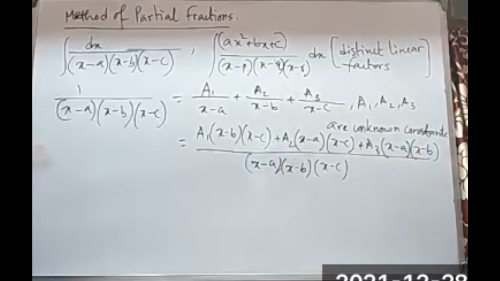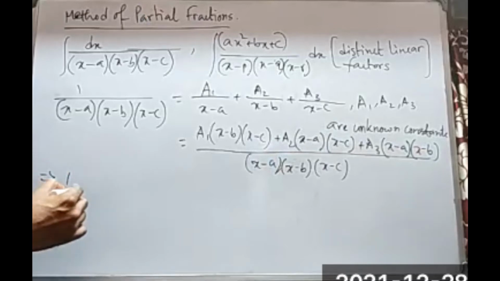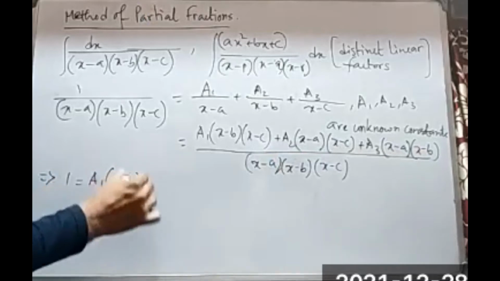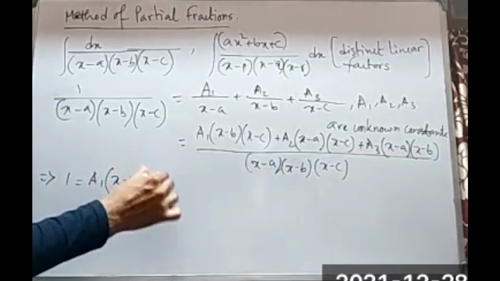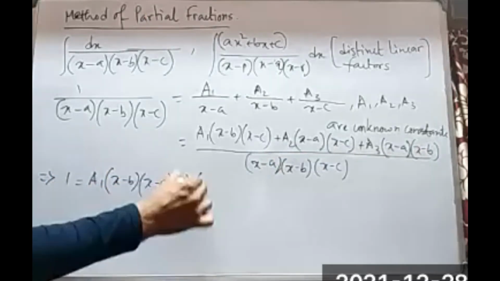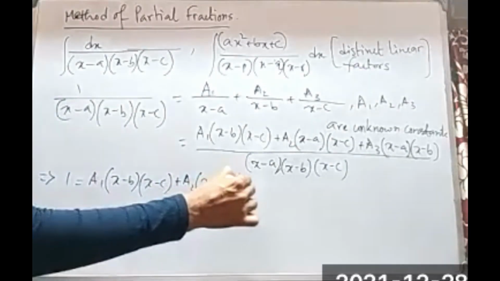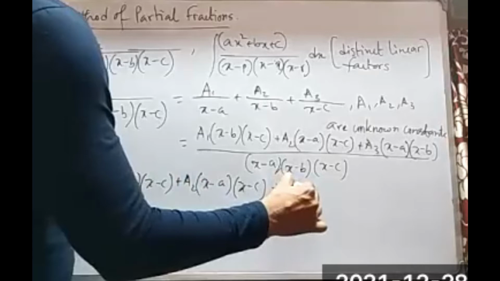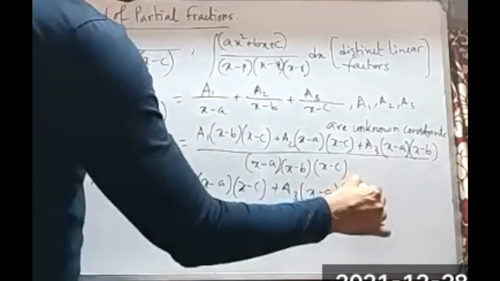Cancelling out from both sides, we will get only this expression: 1 equals A1 into x minus b, x minus c plus A2 into x minus a, x minus c plus A3 into x minus a, x minus b.